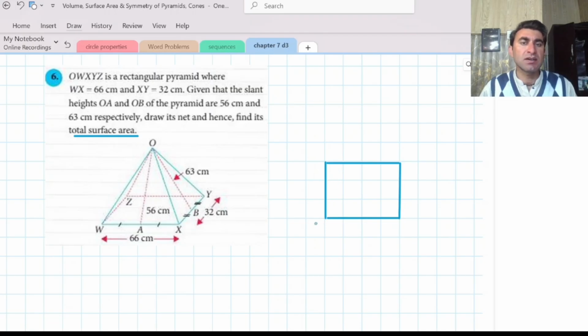Its vertices are W, X, Y and Z. Now we need to draw the slant surfaces which are all triangles. So we will start with the right one, which has a height of 63 centimeters. So we'll draw it over here.